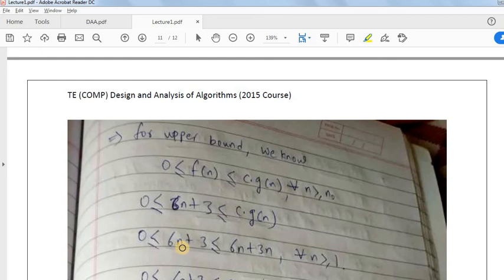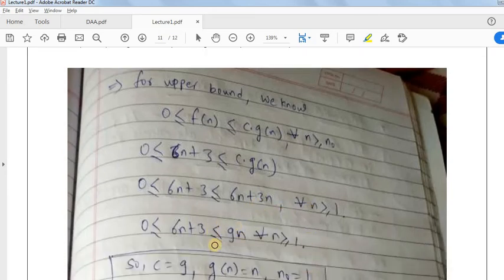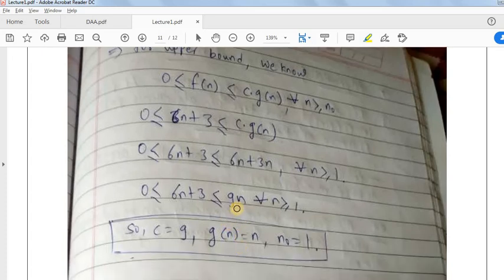So in this equation, 6n plus 3, n is the highest, so I will say 6n plus 3 is less than or equal to 6n plus 3n, where 3 is appended multiplied with n, for all values of n greater than or equal to 1. 6n plus 3n becomes 9n. If we compare 9n with c g of n, I will say that the value of c is 9, g of n is n, and the value of n0 is 1. This is the way by which upper bounds can be computed.